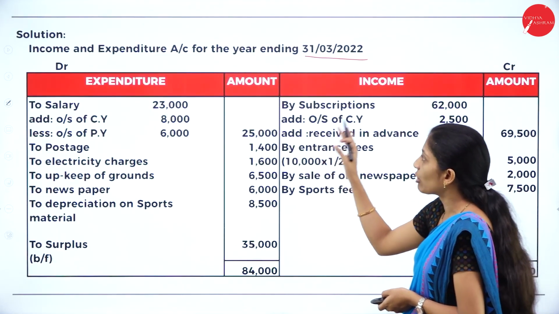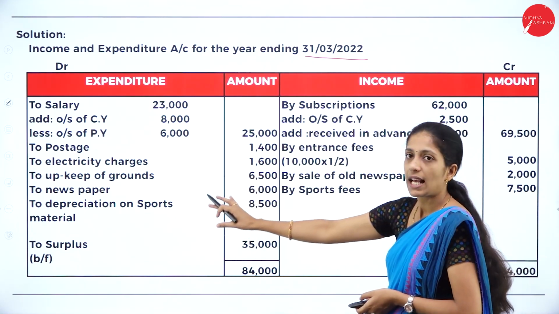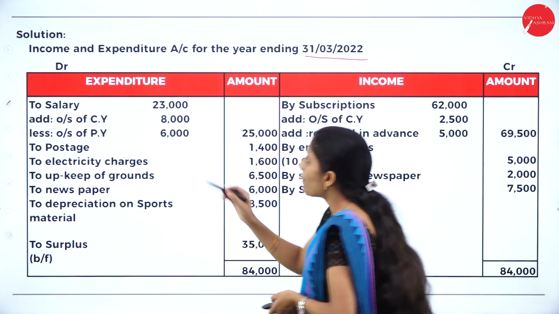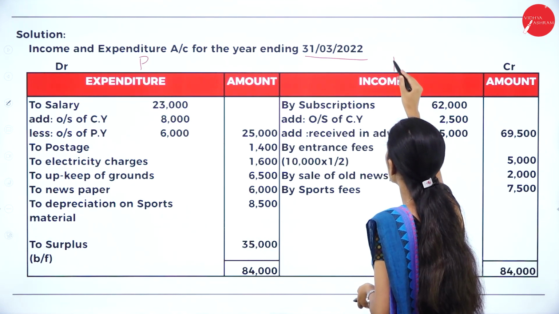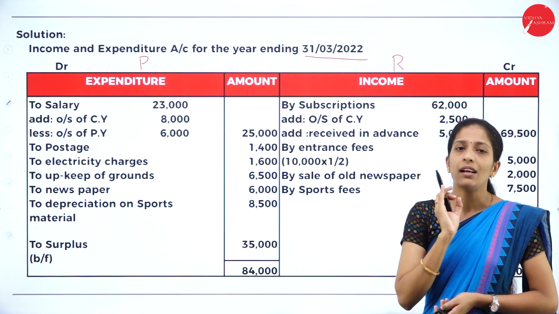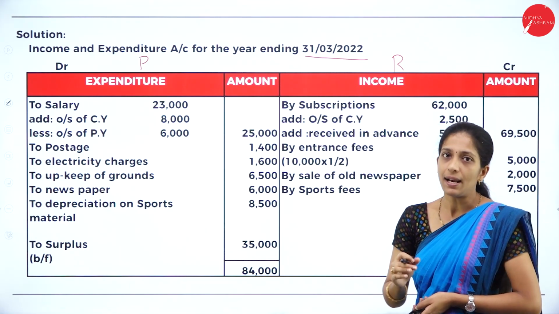The format has debit as well as credit: expenditure, amount, income, amount. All the payments should come under the expenditure side and all the receipts of the receipt and payment account should come under the income side, but only revenue items. The rest of the capital items will come under the balance sheet.